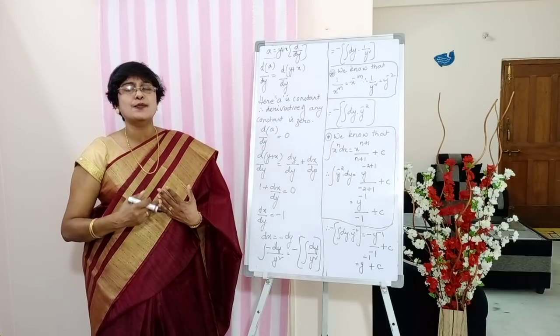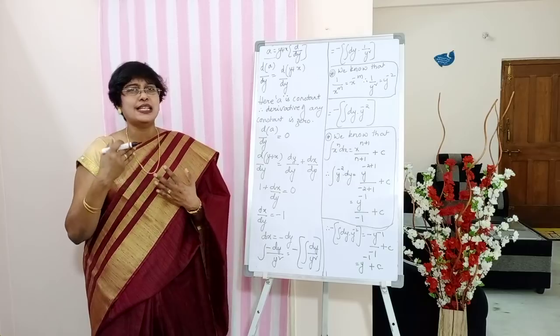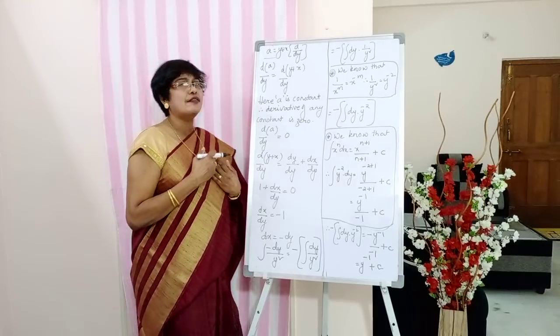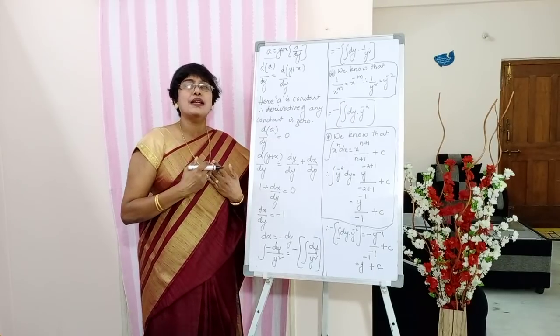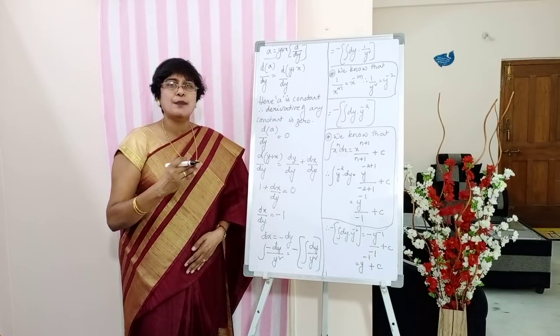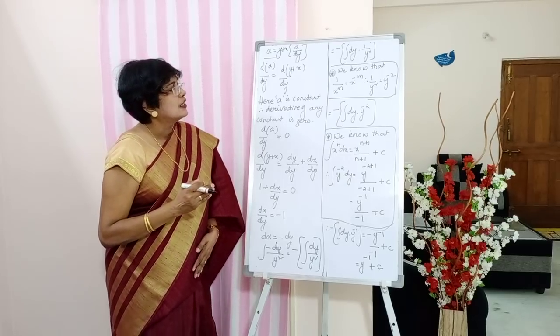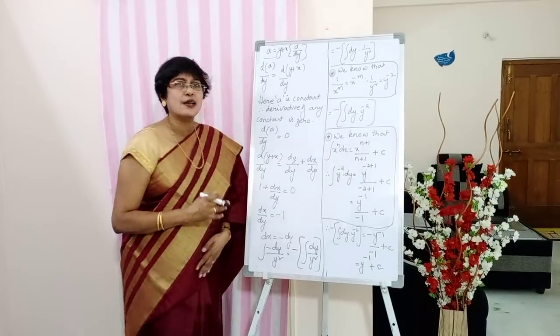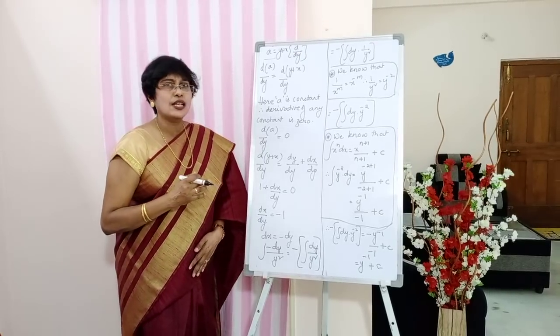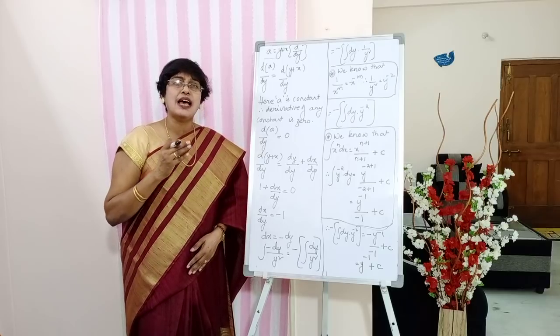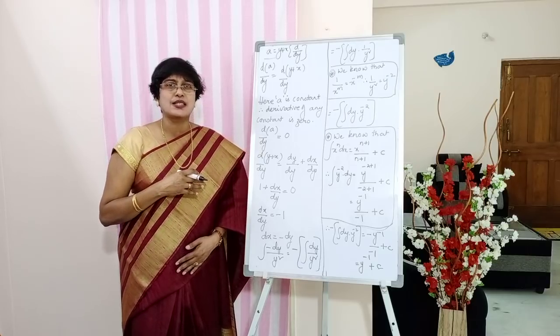Applying 1 by x power m is equal to x to the power minus m to our equation. In our equation what do we have? 1 by y square. So 1 by y square can be written as y to the power minus 2. Okay. Next, below again a star mark. We know that. I told you in the last class itself, star mark means you have to remember these steps.